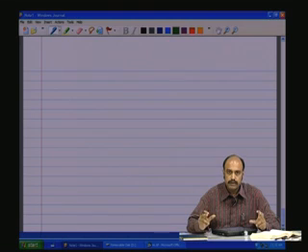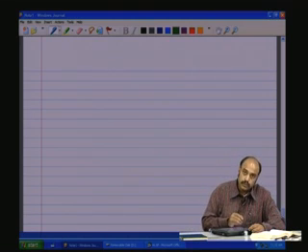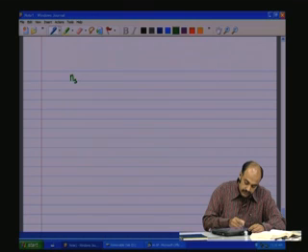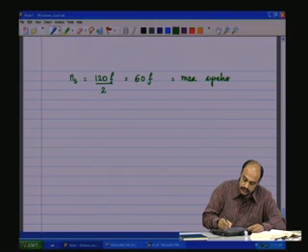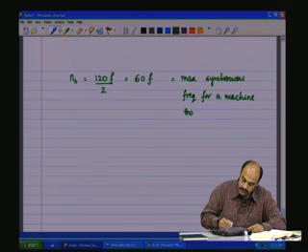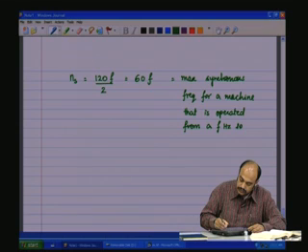If we have just 2 poles per phase, that is the maximum speed you could get, which means Ns is equal to 120 F by 2, which is 60 F. This is the maximum synchronous speed for a machine that is operated or excited from an F Hertz source.